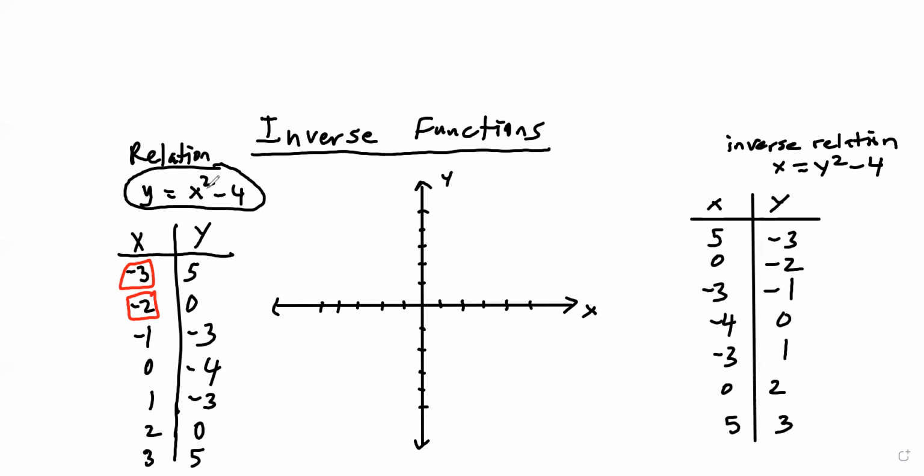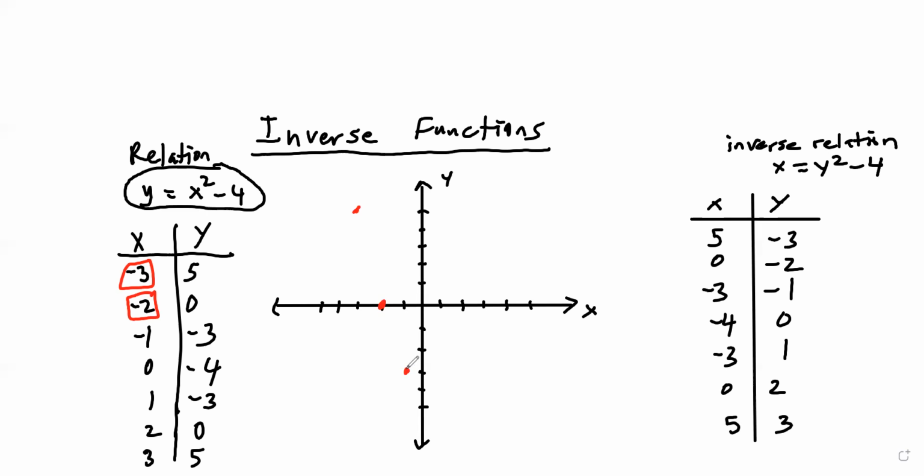So -3, 5 is going to be this point right here. -2, 0. X is -2, y is 0. So that's this point right here. -1, -3, that's this point right here.